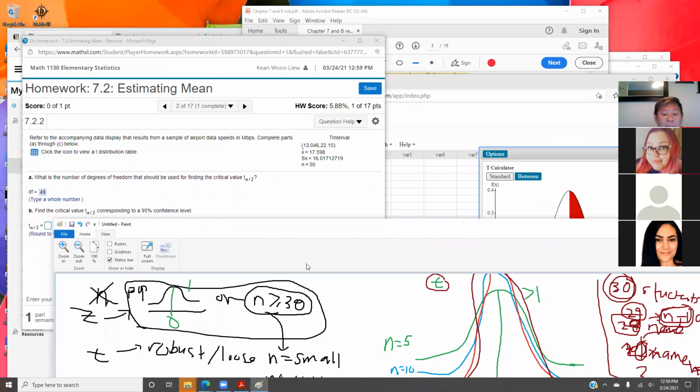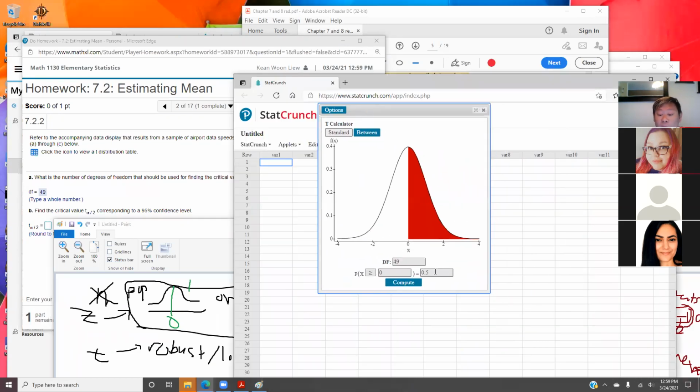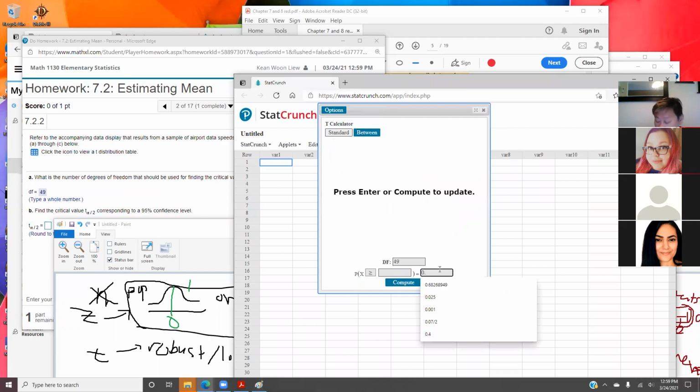If I'm asking for a 95% confidence level, alpha is 0.05. But don't forget, we need to divide this by 2. You don't need to do the math, you just put the alpha divided by 2.